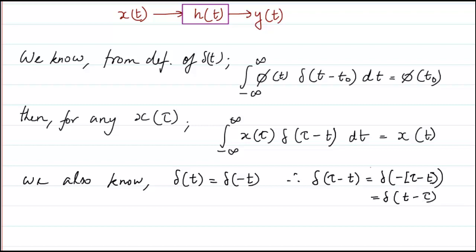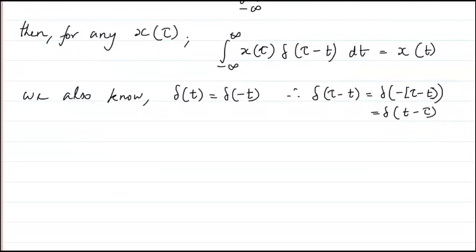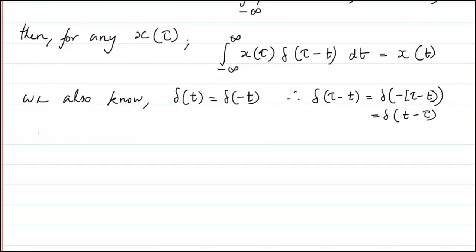So I am going to substitute that here. Instead of tau minus t, I can write t minus tau. Therefore, the integral from minus infinity to infinity of x of tau delta of t minus tau d tau is equal to x of t.